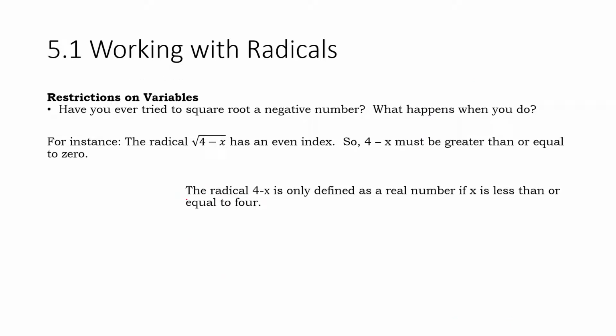So restrictions. Underneath a radical, there are certain numbers that will make it unsolvable, where it would be impossible to come up with 2 exact same numbers that would make it solvable. So in the case of variables underneath the root symbol, those variables have to be restricted in particular ways, and we're going to talk about those.